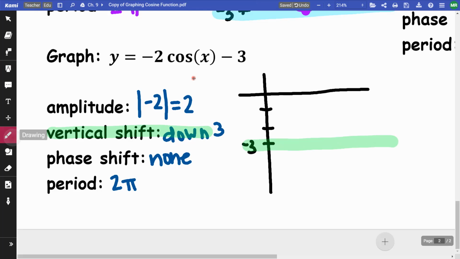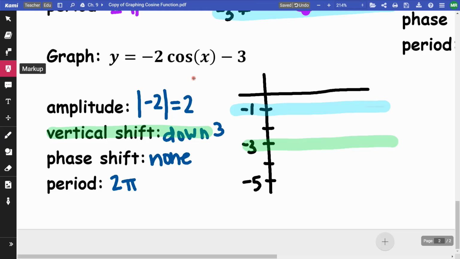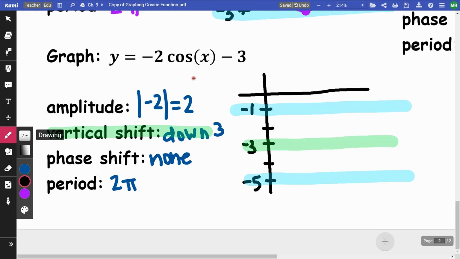Now my amplitude was 2, so I'm going to go 2 above, which puts me at negative 1, and 2 below, which puts me at negative 5. And that's going to be where my high and my low are. Now, again, I've got 1, 2, 3, 4, 5 marks, and this is going to be a 2 pi.